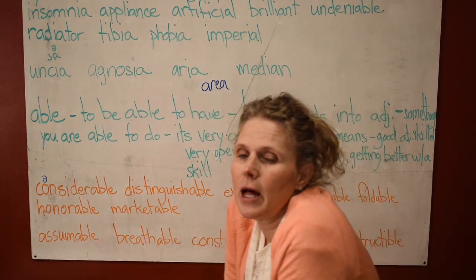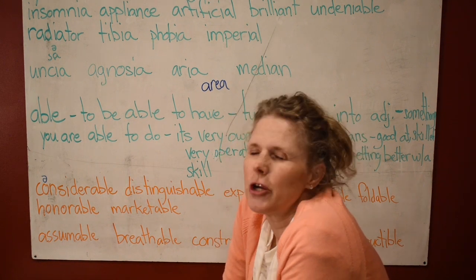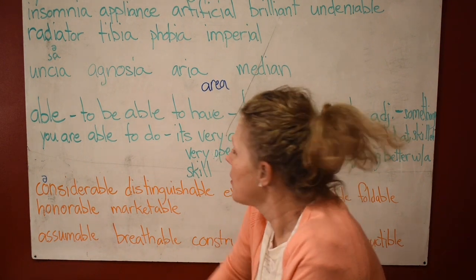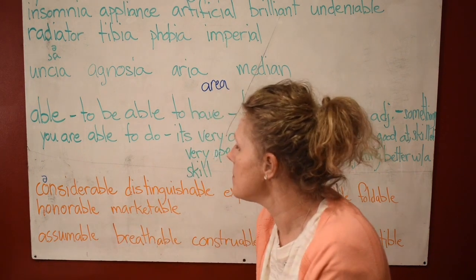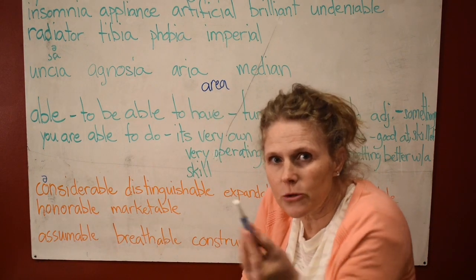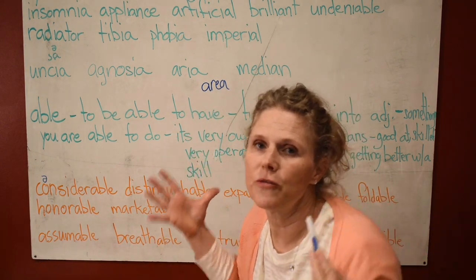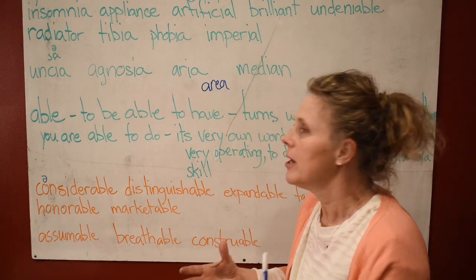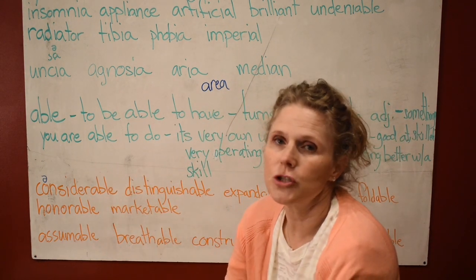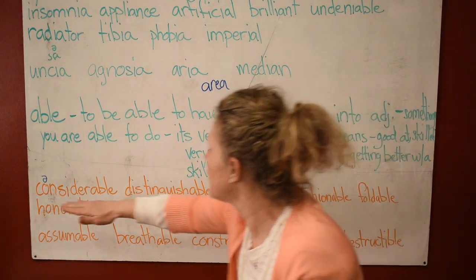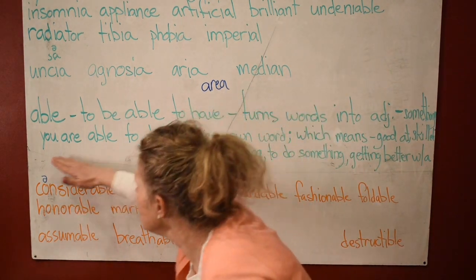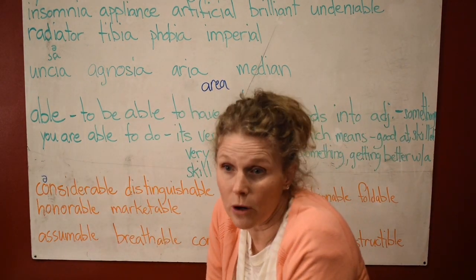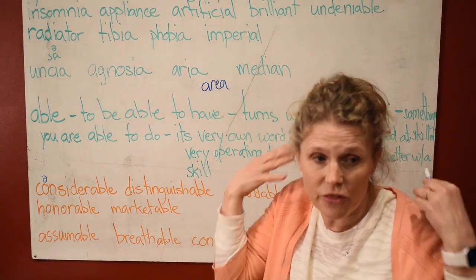Heavenly body. Looking at the constellations, you're thinking in thought. That's where this word came from. So when you are considerable, it's something that you've thought about. You've looked into the heavens, and that's where that word came from. We don't even use it really that way anymore. I mean, we do use it for considerable thinking.